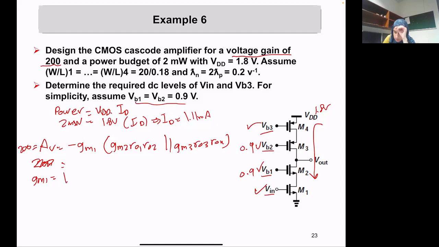Now we know the size, we know the ID, and we can find it.